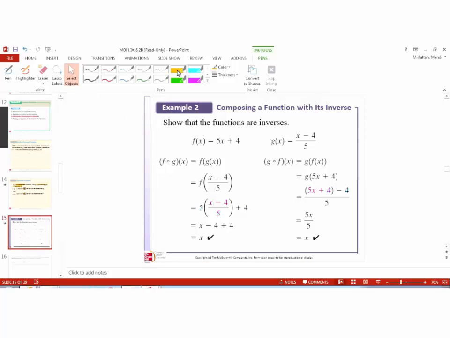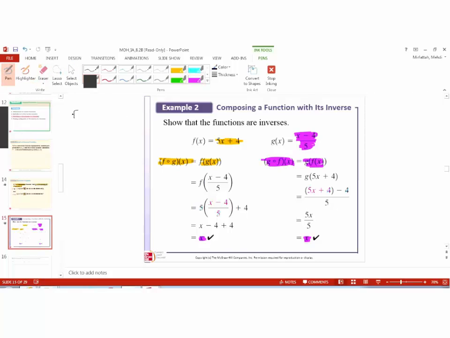So if you look at this example here, f of x is given as 5x plus 4. g of x is given as x minus 4 over 5. If I want to know if these two are inverses of each other, I evaluate f of g of x, or f composition g, and I evaluate g of f of x, or g composition f. If both turn out to be equal to x, then I conclude that these two are inverses of each other. In this case, they turn out to be inverses of each other.